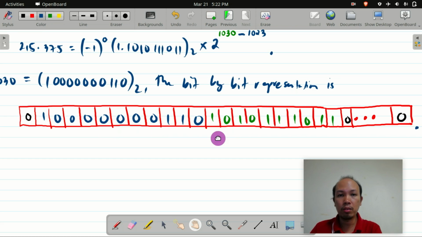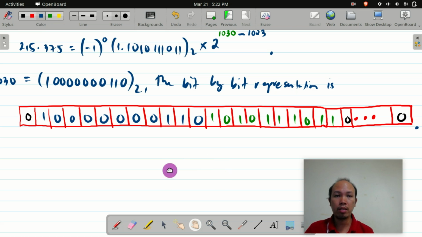The representation will be different from one computer to another if you have a different type of operating system.